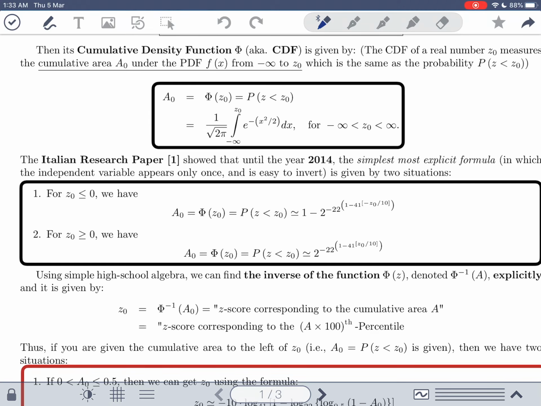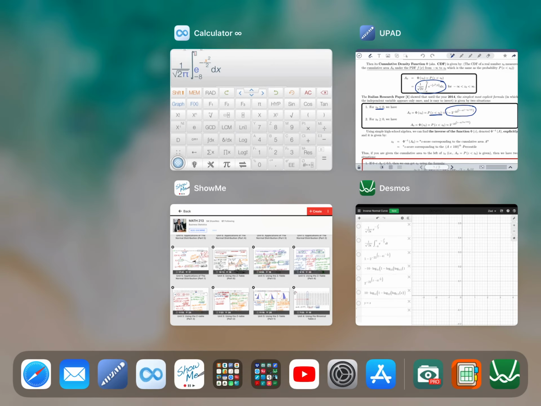They approximated the cumulative density function by this formula for the probability of z less than z0 if z is less than or equal to 0. So what I want you to see now is the graphs.